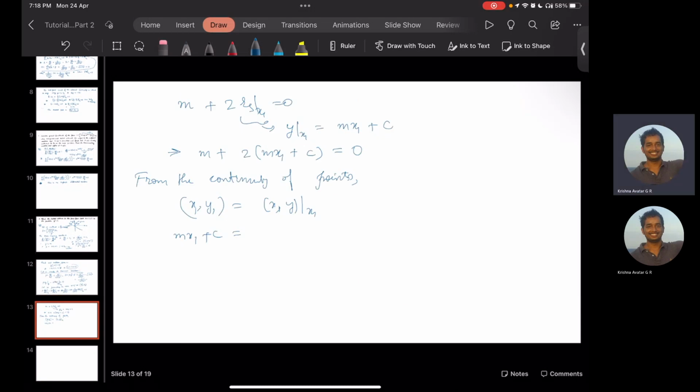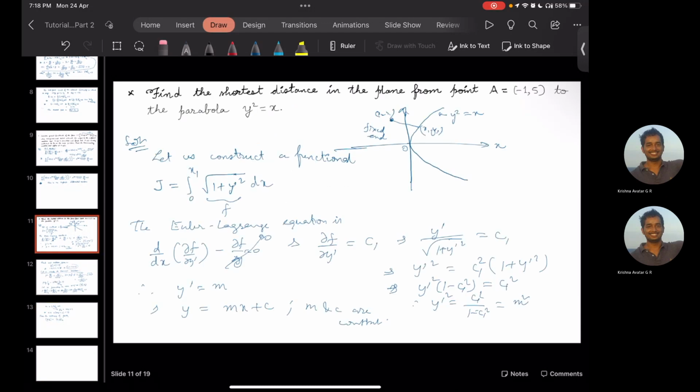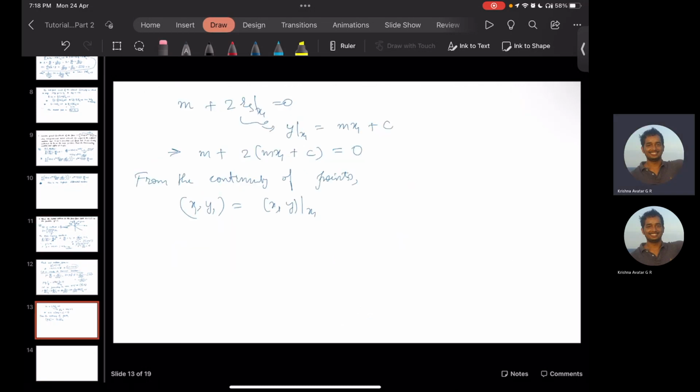Or I can just call it this one way. Or what I can do is let's say that x1 is x at x1, and this implies that, okay, let's do something here.